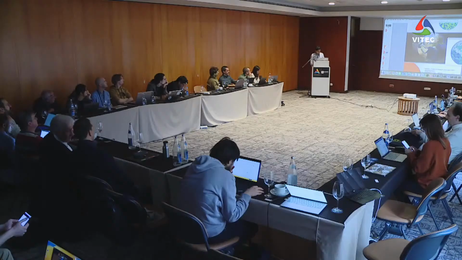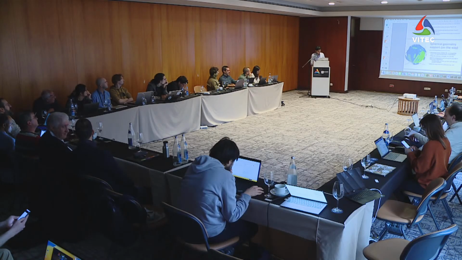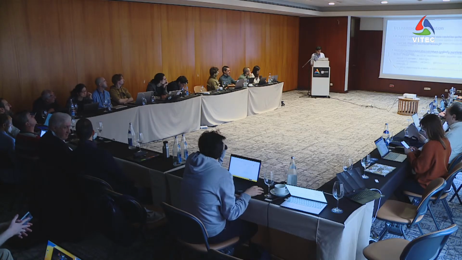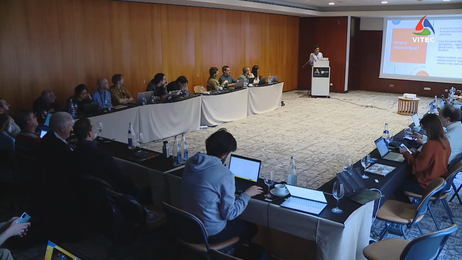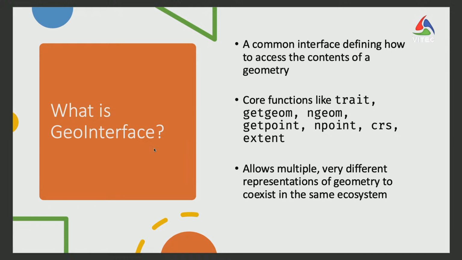Now, I'm going to switch to my set of slides from last year. GeoInterface is this common interface that defines how you access the contents of a geometry. A lot of other ecosystems don't really have this issue because they have one canonical form for what your geometry is supposed to look like. Let's say a polygon is a vector of vectors of points.